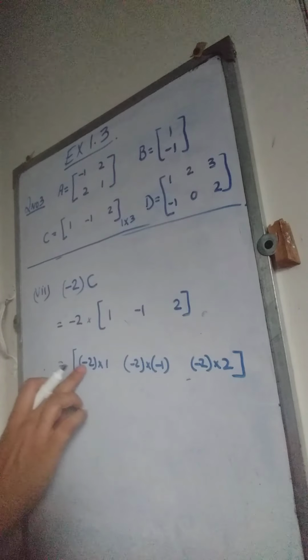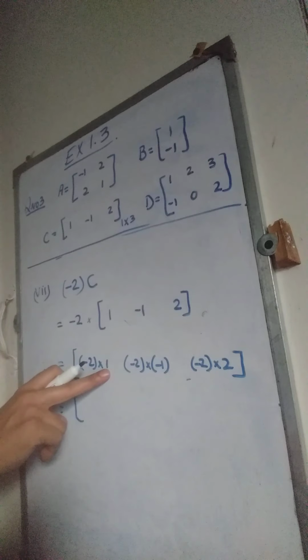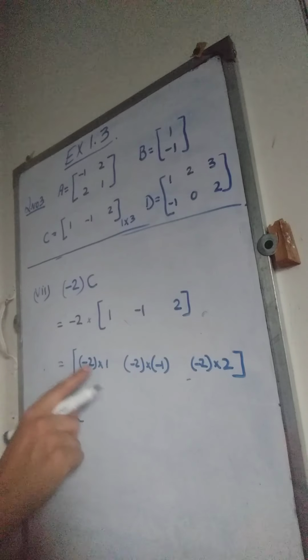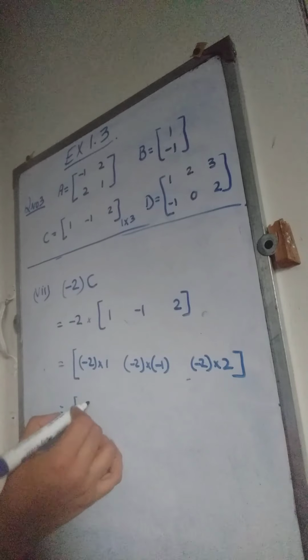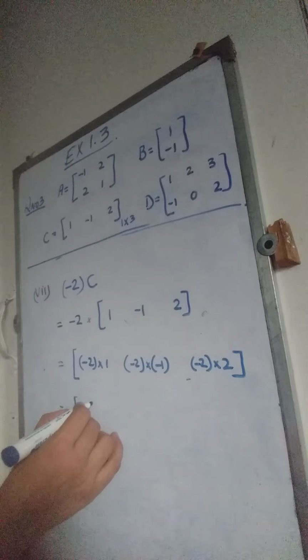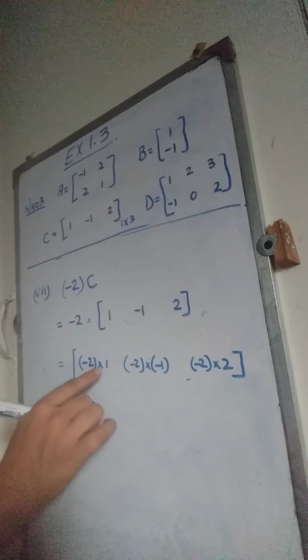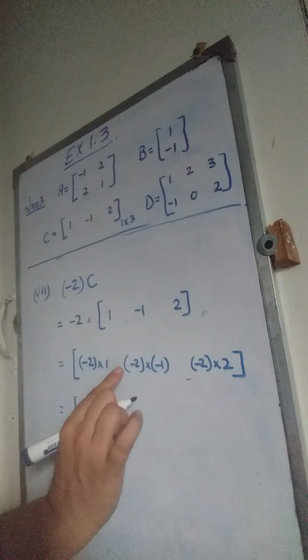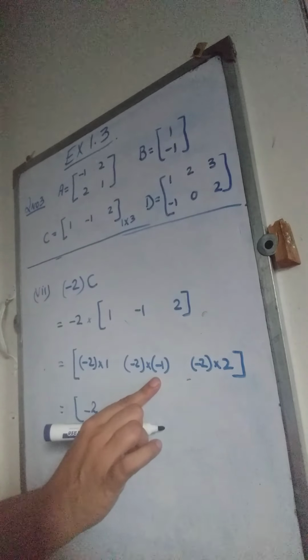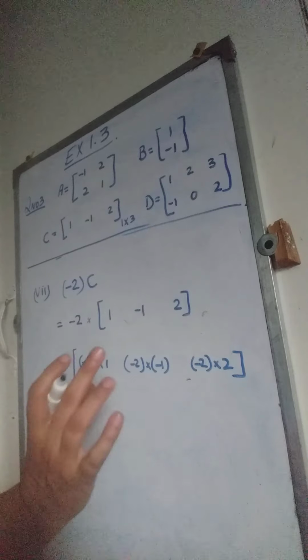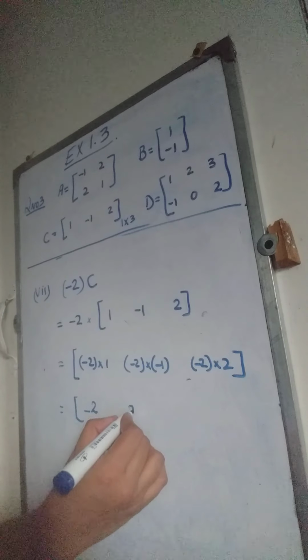This is a negative number and it's a positive number. Two numbers having different signs always give a negative answer. 2 into 1 is 2, and the answer will be negative because both these numbers had different sign. These numbers have the same sign, both are negative. Therefore the answer will be a positive 2.